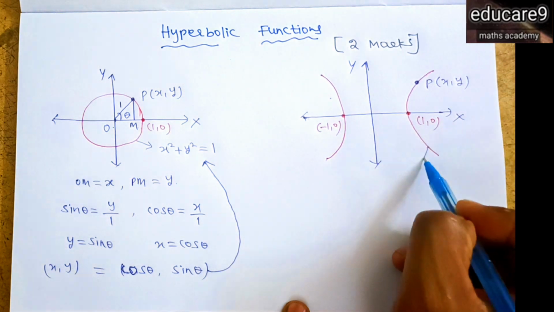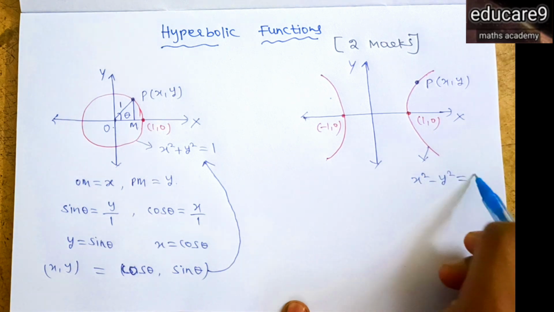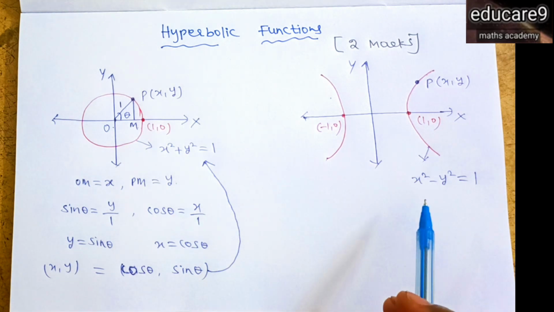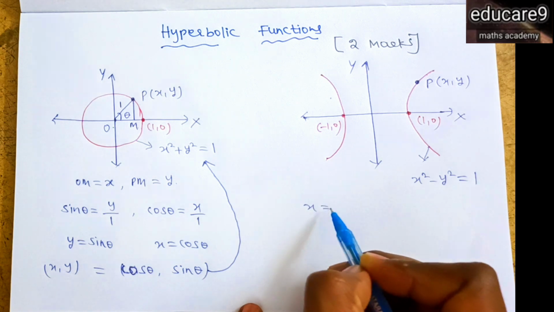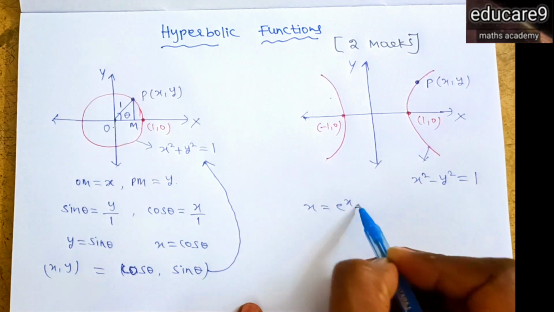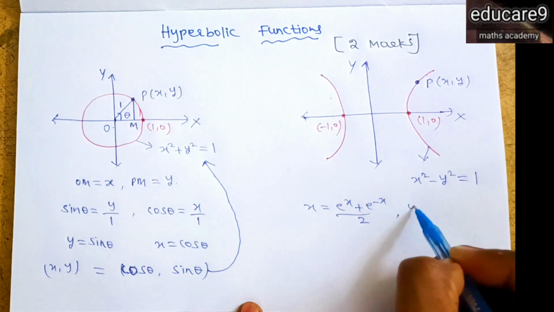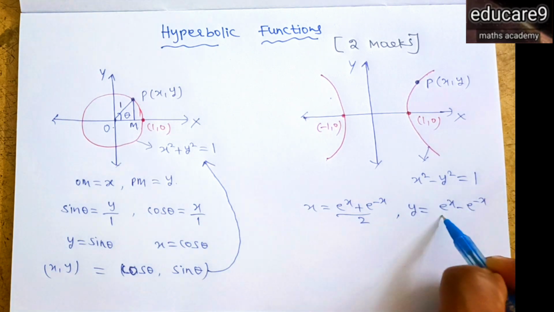We know that the hyperbola equation is x square minus y square equals 1. Here we can consider a parametric point that satisfies the hyperbola equation. That is, x equals (e power x plus e power minus x) by 2, and y equals (e power x minus e power minus x) by 2.